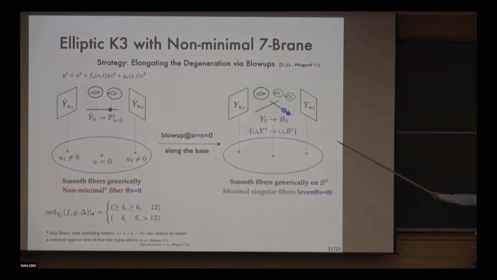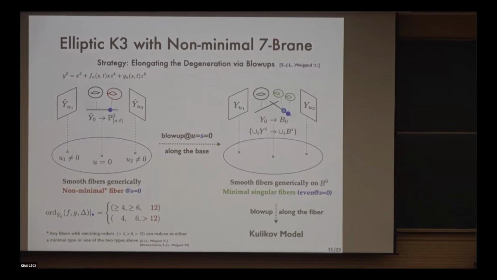So once we get here, we could even try to get to a genuine Kulikov model by blowing up further, this time along the fiber as well. And this way, we can actually obtain the genuine Kulikov model. However, the F-theory physics should already be clear at this Weierstrass level, so we don't actually have to do this. But in any case, what we learn from this is the following.